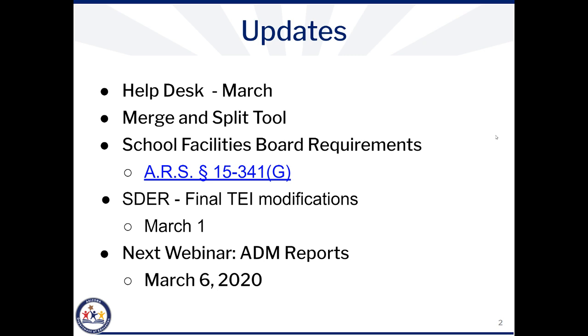The tool is currently in user acceptance testing mode, and we plan to have that rolled out very soon, so that the school finance department can start working on some of those merge requests that you've had and some of those split requests for the students who either have multiple state student IDs or have a shared state student ID. As soon as we are able to get started on those, you should start to see the tickets getting resolved.